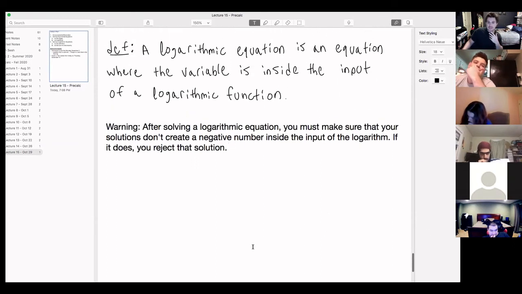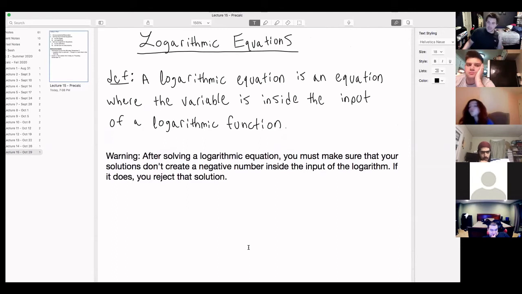So any ideas? Why is a log of a negative number bad? What do we know about the domain of the logarithm? What are all the permissible or acceptable x values to plug into the logarithm? What's the domain of the logarithm?